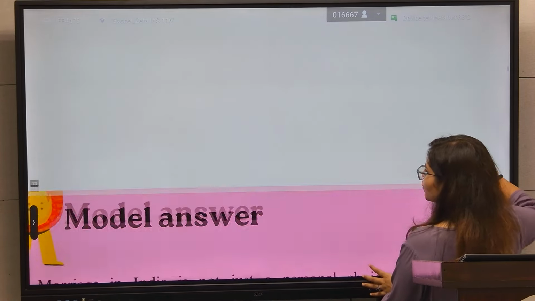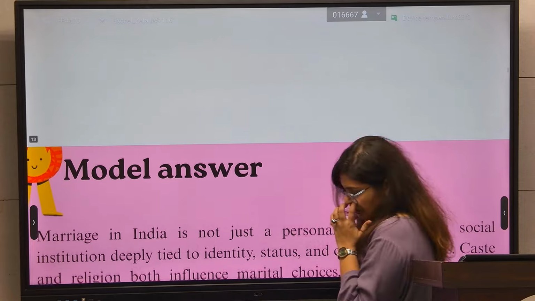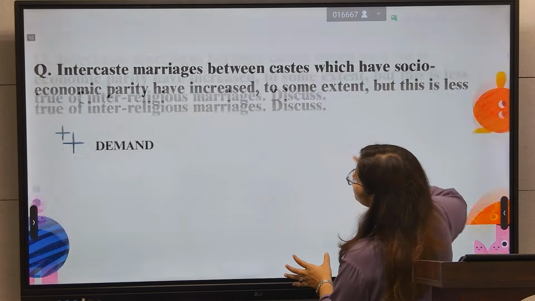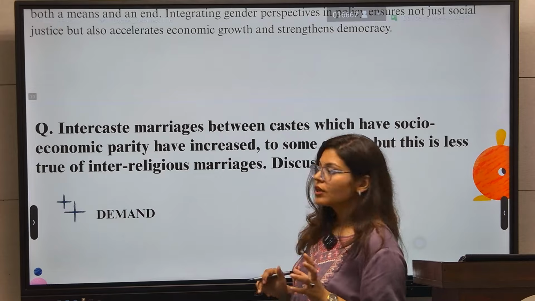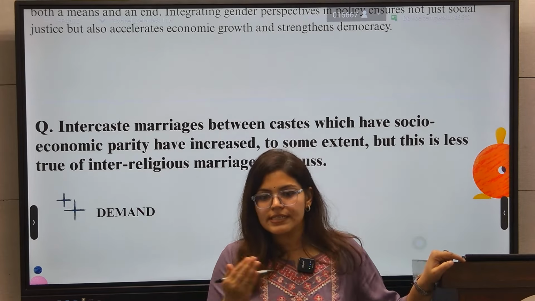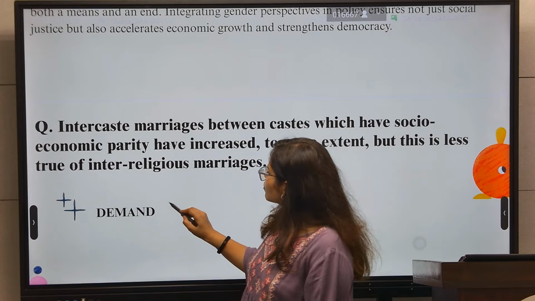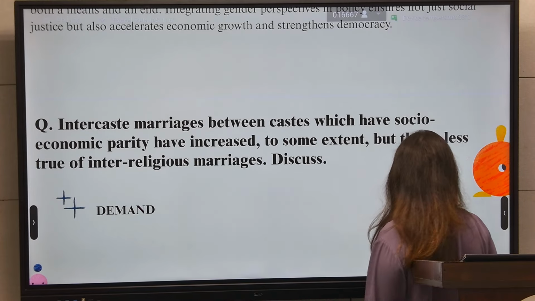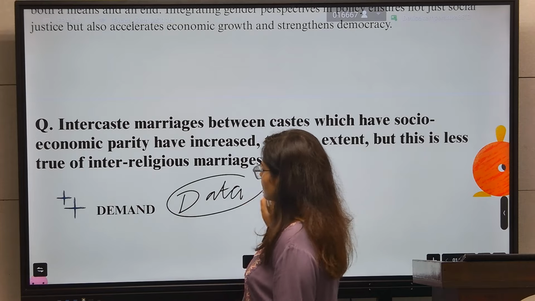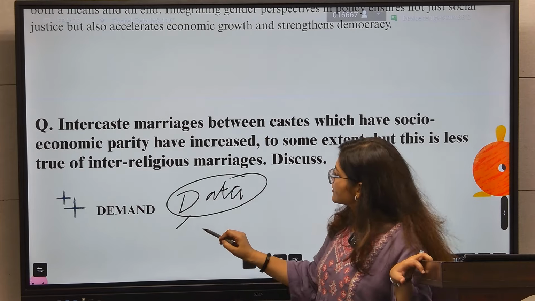So in the intro part, in this type of question, I told you about 4 types of intro. Now the question is saying that something is increasing, something is decreasing. So the best way to start this type of question, if you have data, is to start with data. Prove that yes, this is increasing.